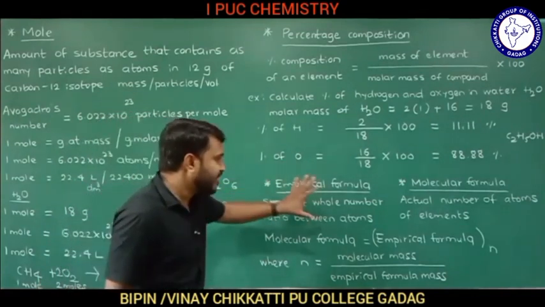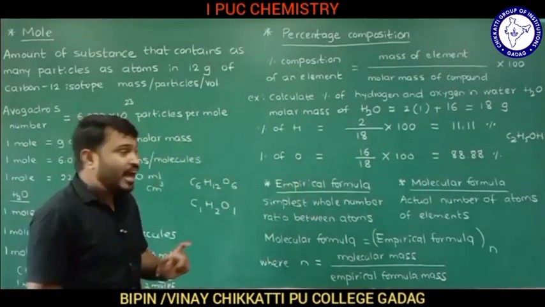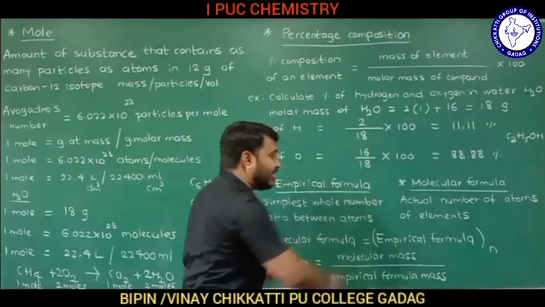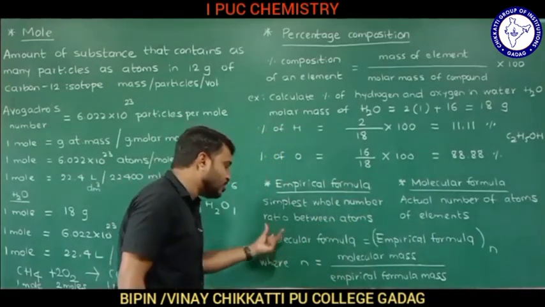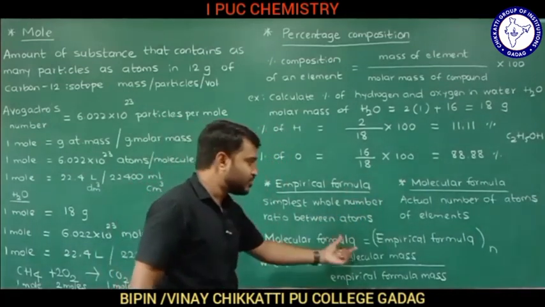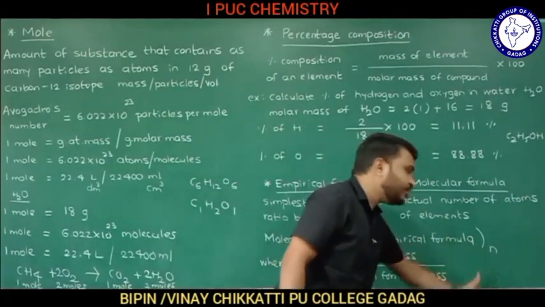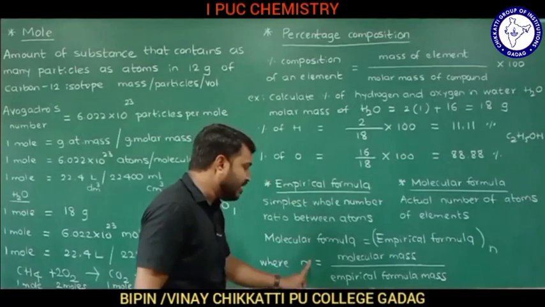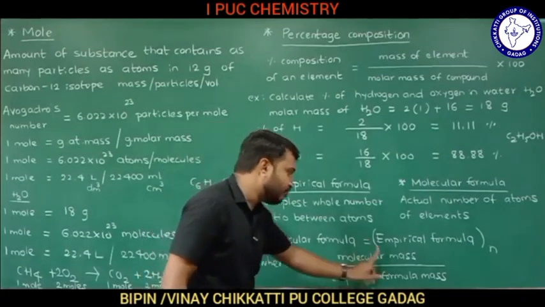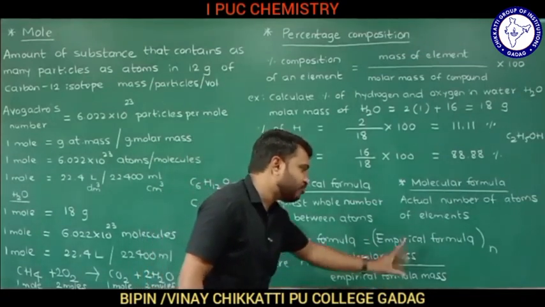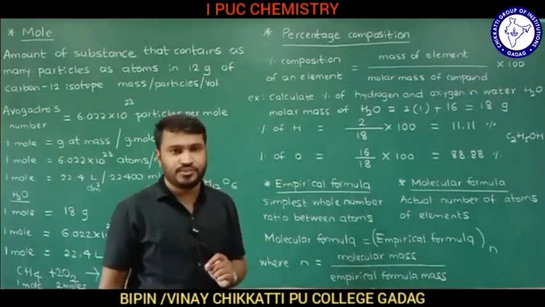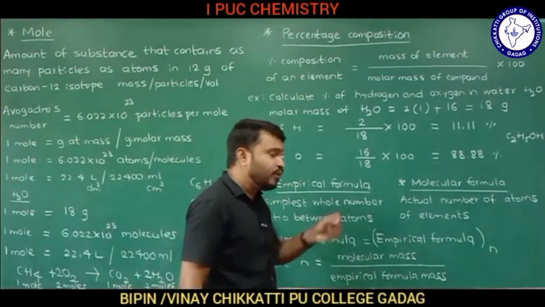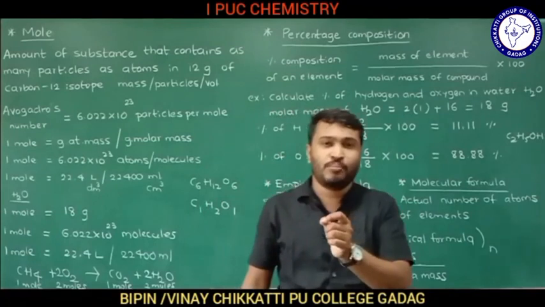Molecular formula is different and empirical formula is different, and there is a relation between these two: molecular formula is equal to empirical formula into n. And n can be calculated by the ratio of molecular mass divided by empirical formula mass. These two formulas you should know, and that is the concept of empirical formula and molecular formula.